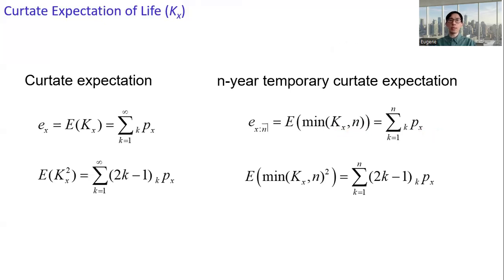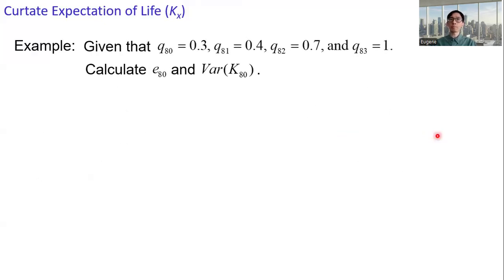All right, so let's take a look at some examples. Given the following, q80 is 0.3, q81 is 0.4, q82 is 0.7, and q83 equals 1. Calculate e80 and the variance of K80. Since q83 equals 1, we have a limiting age.